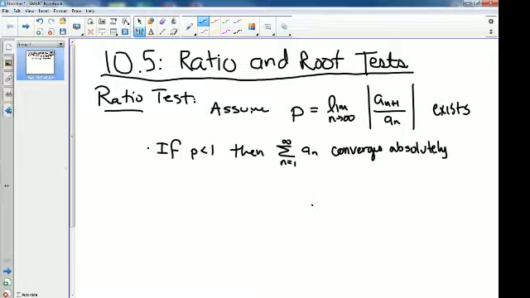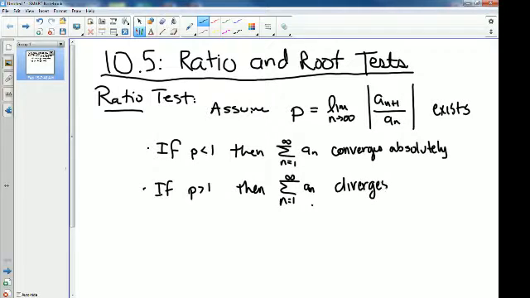What if P is greater than 1? It diverges.